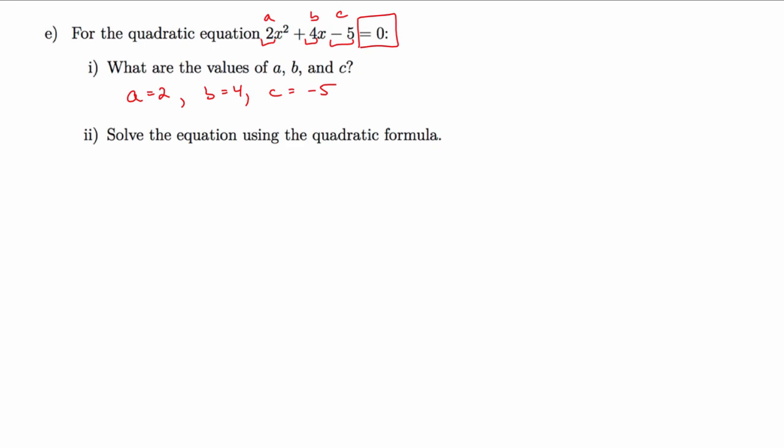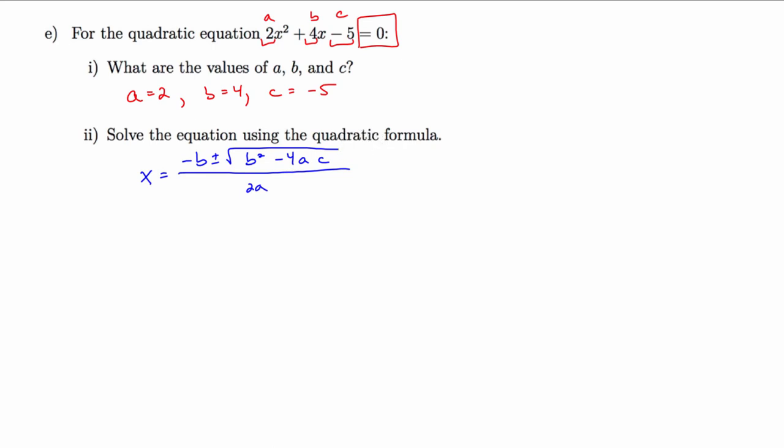So to solve this equation, we want to remember, first off, we are solving for x. So the formula will start out x equals. First I'm going to write it down one more time in its general form, and then I will substitute the particular values in place of the a's, the b's, and the c's. In general, the formula is x equals the opposite of b plus or minus the square root of b squared minus 4 times a times c, all of that over 2a.